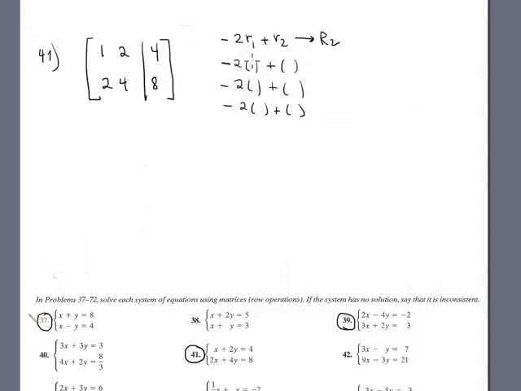In row 1 we have 1, 2 and 4. In row 2 we have 2, 4 and 8. In this case, -2 plus 2 is 0, -4 plus 4 is 0, and -8, because -2 times 4 is -8, plus 8 is 0.